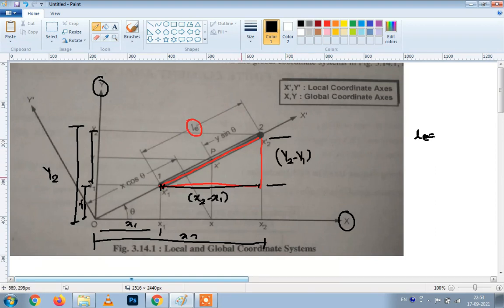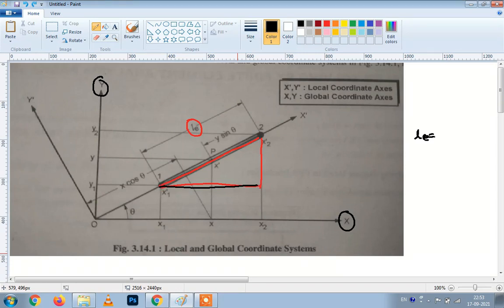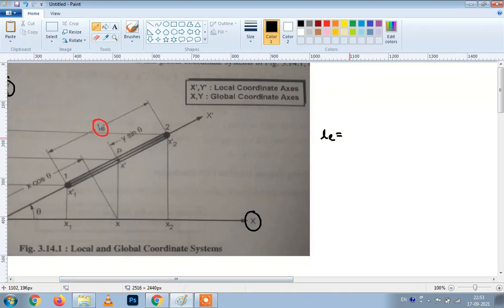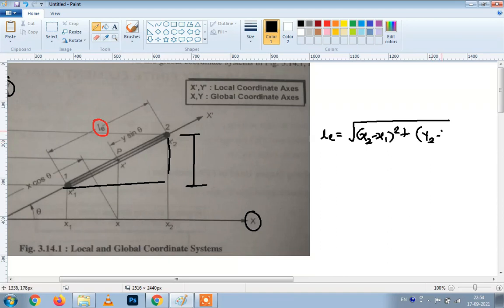So using Pythagoras, we can find LE equal to the square root of this side first, x2 minus x1 whole square, plus this particular side of the triangle, y2 minus y1 whole square.